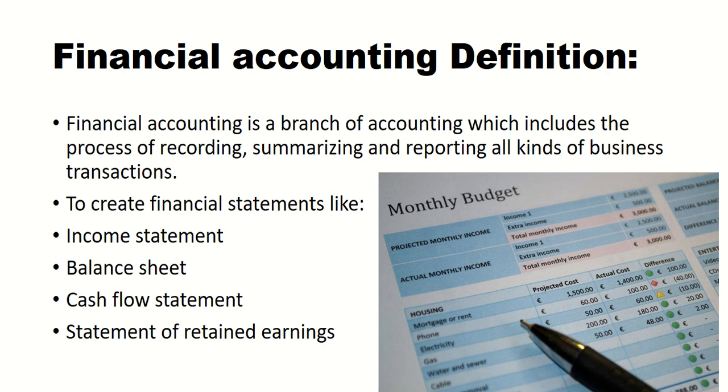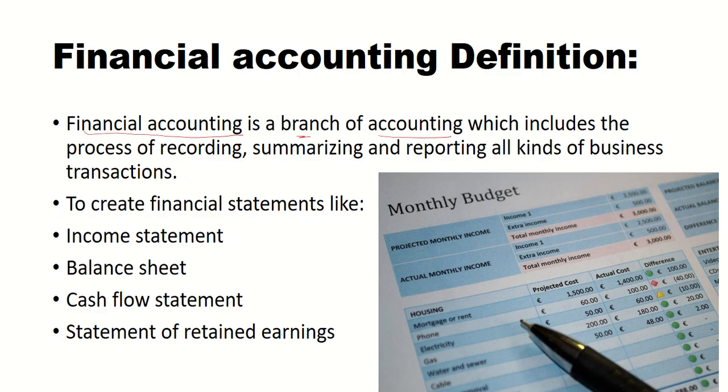So here's the definition of financial accounting as we start reading it: financial accounting is a branch of accounting. The first thing to notice here is that financial accounting is itself a branch of accounting.